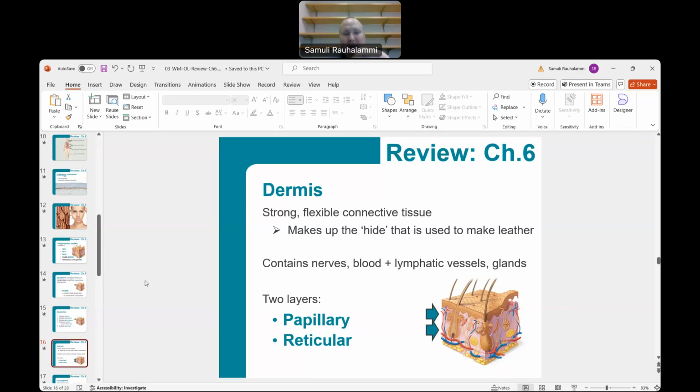This is very strong, very flexible connective tissue, and it's rich in nerve supply, blood vessel supply, and lymphatic vessel supply, and it also houses the glands. Yes, those glands do penetrate through the epidermis with their ducts, but it is within the dermis where those glands are located. And the dermis can be divided further into 2 layers, our papillary layer and our reticular layer.